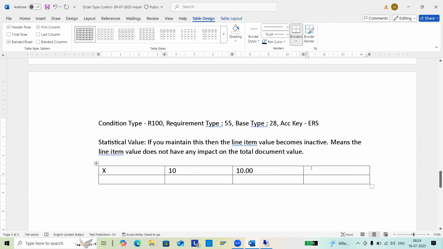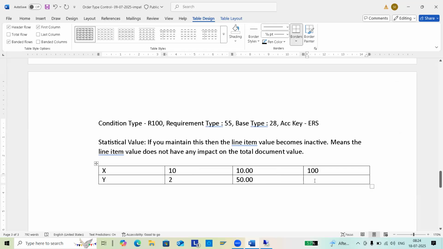So how much is it becoming? 100, right? Then Y material is there, we have two quantity and the price is 50 rupees.